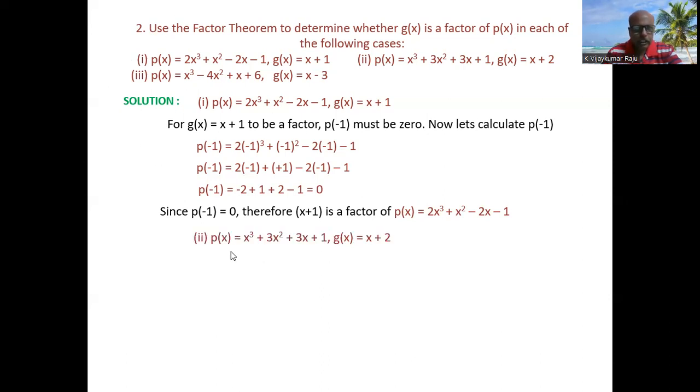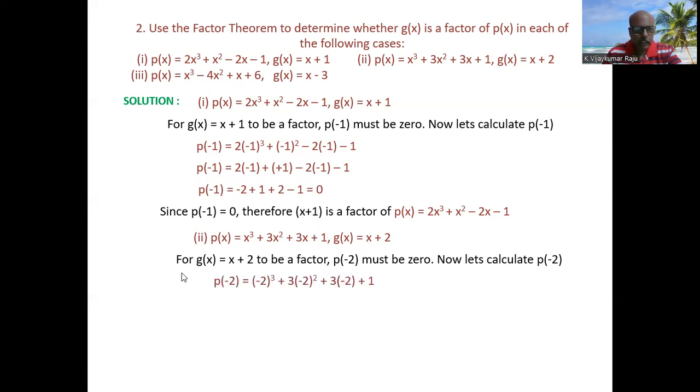Next, the polynomial. So here x plus 2 is 0 means x should be equal to minus 2. So p of minus 2 must be 0 for the factor. So let's calculate now p of minus 2. P of minus 2 is minus 2 raised to 3 plus 3 into minus 2 raised to 2 plus 3 into minus 2 plus 1.